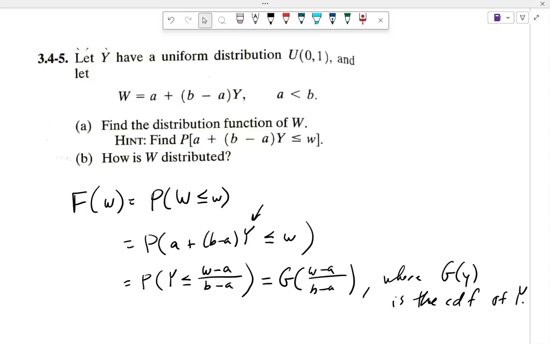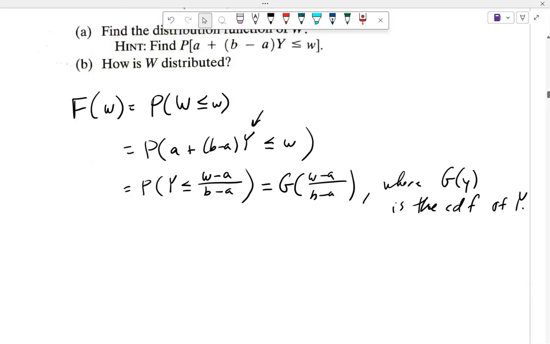All right. This is cool. We're almost done. All right. I now know that my F of W is this same distribution function of Y, right? If I want to go from CDF to PDF, what do I do?